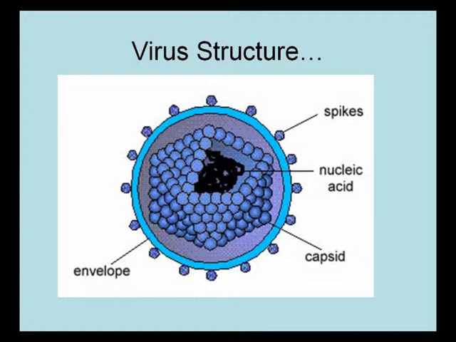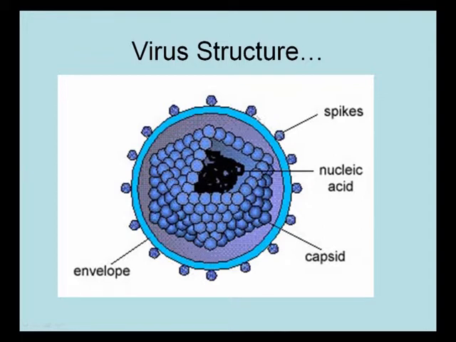DNA and RNA are just slightly different versions of genetic material. And that's surrounded by what we call a capsid. And the capsid is just made up of proteins. Now that's all a virus really needs to have to be considered a virus.